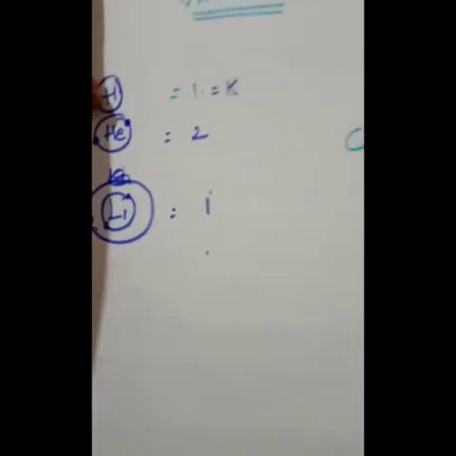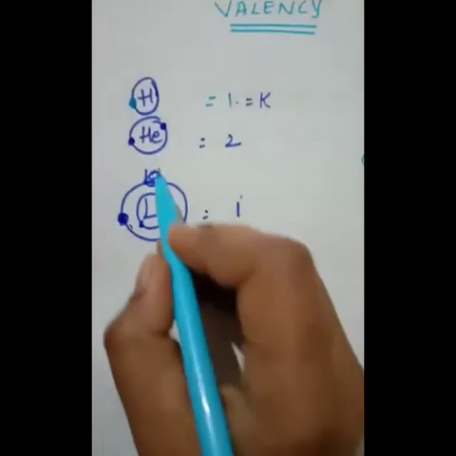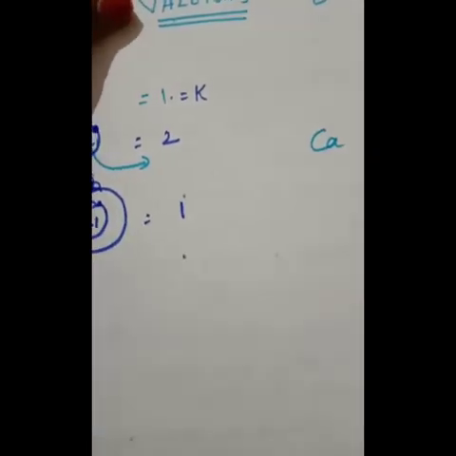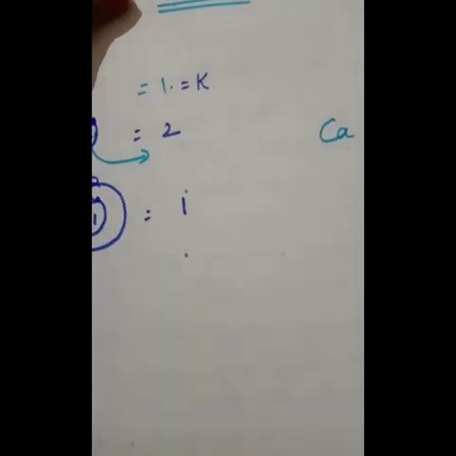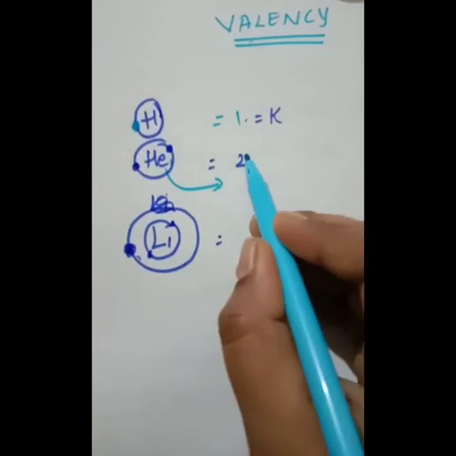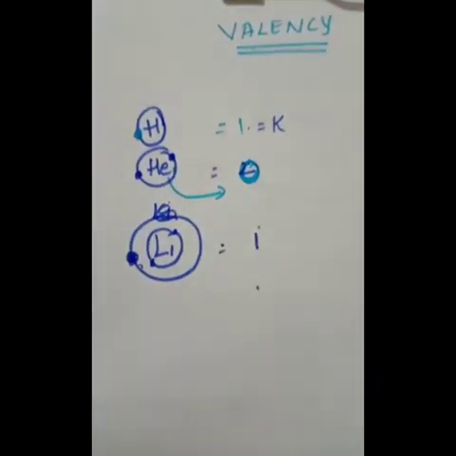Understand? So here you now got an idea for helium, right? It has a completely filled outermost shell, so there is only little chemical activity, or in other words we can say it has a valency of 0.